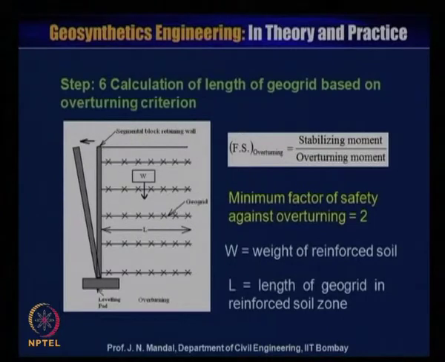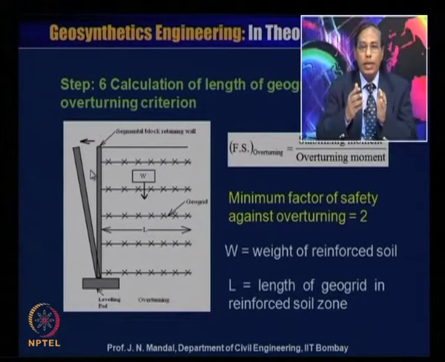Now step 6, you have to calculate the length of the geogrid based on overturning. There is a possibility of overturning, so you have to check what the factor of safety against overturning will be. The factor of safety against overturning is the ratio of the stabilizing moment and the overturning moment.